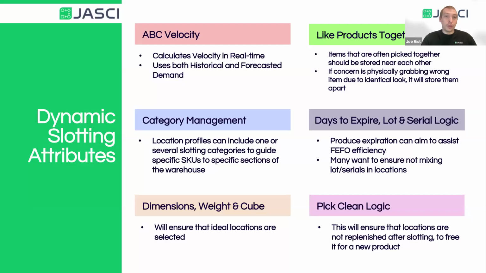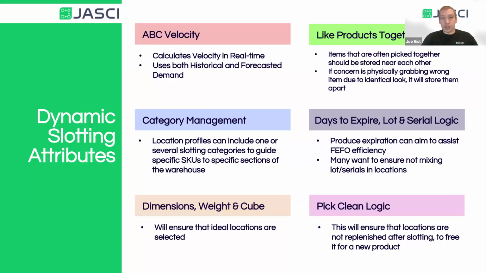So maybe you don't want those two SKUs right next to each other in a location or in a bin next to each other. You can also have days to expire, the lot and serial logic. A lot of times you may not want to mix serials, lots or expirations in a location because you want to ensure that you're picking the proper one with respect to allocation or the FIFO.